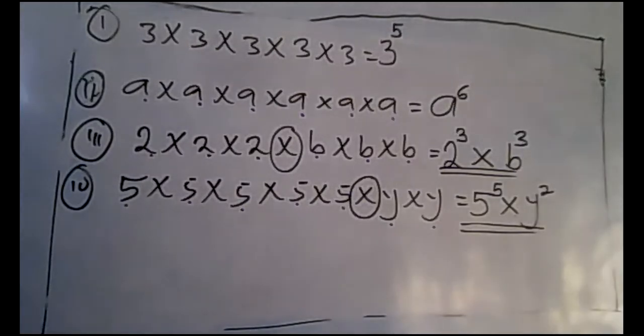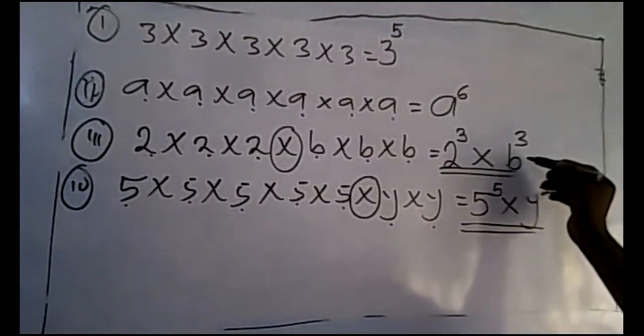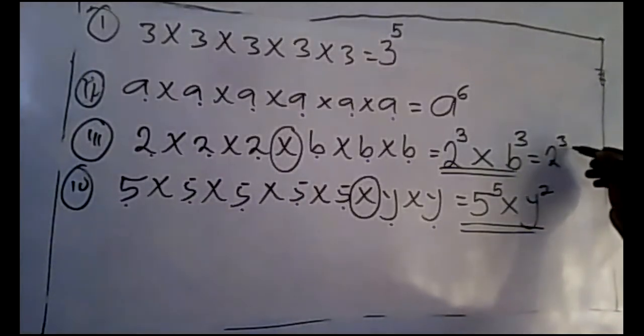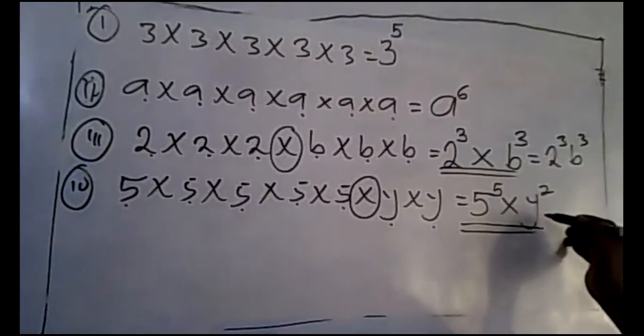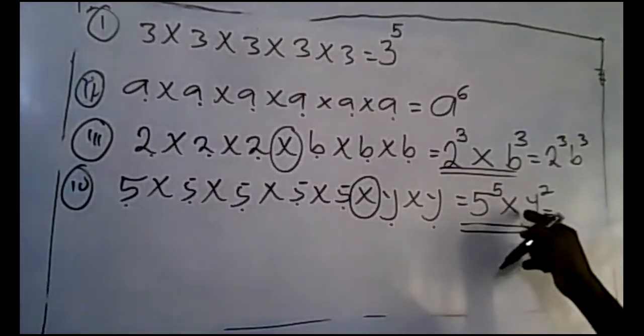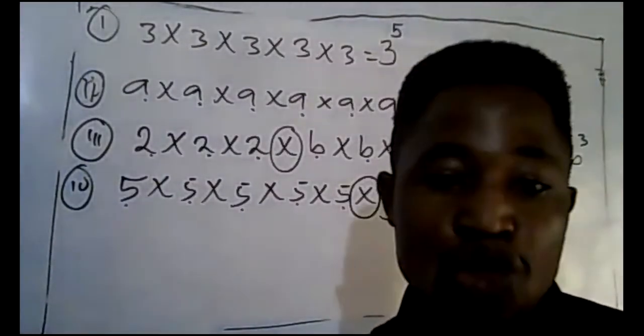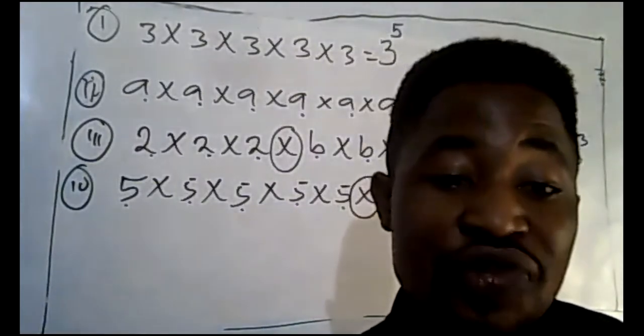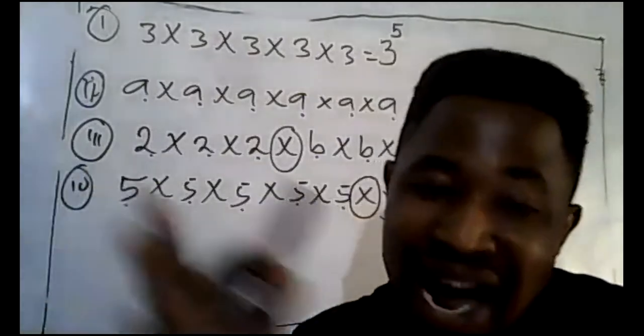Another way you can write this, this can be best written as 2 raised to power 3, B raised to power 3. This one can also be written that way because the law of multiplication brings 2 different variables, or 2 different items, and binds them together.